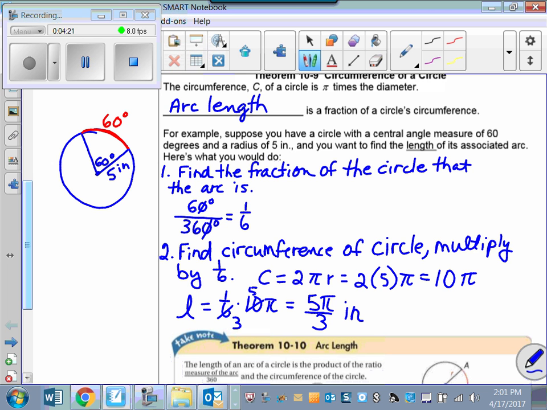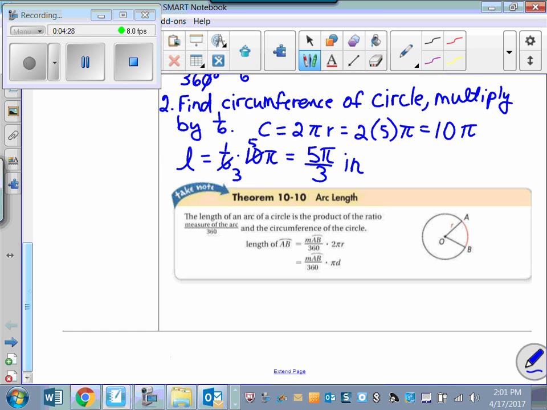So 5 pi over 3 inches would be the length of that 60-degree arc. Okay, and here's the formula that tells you the formal theorem, but I wanted to do that example for you that way so that you really don't have to memorize this formula here. All you got to do, find the fraction that the arc takes of the circle and then multiply that by the whole circumference.